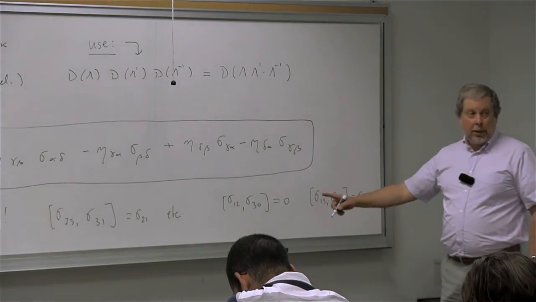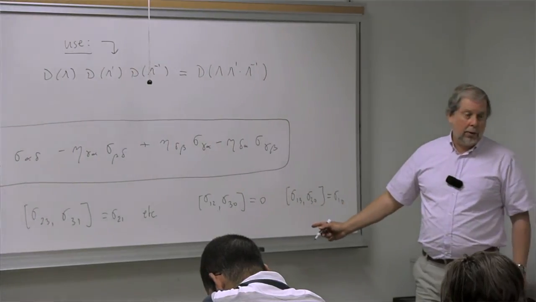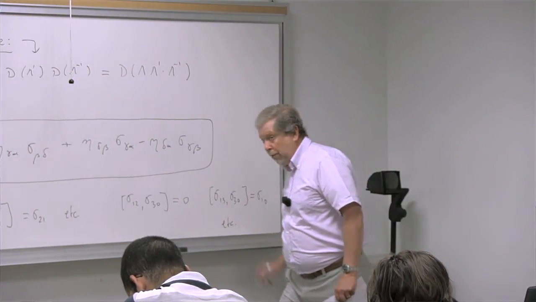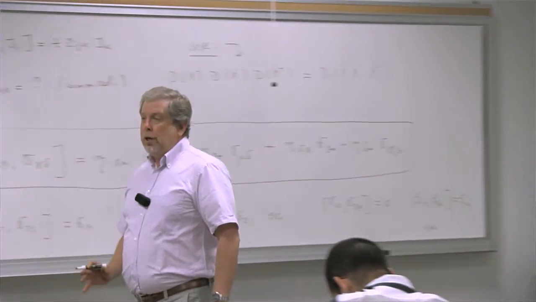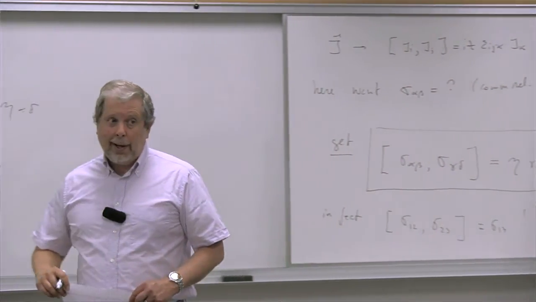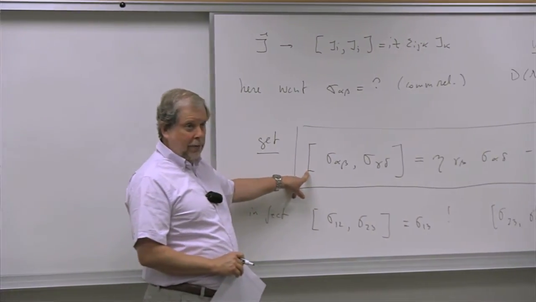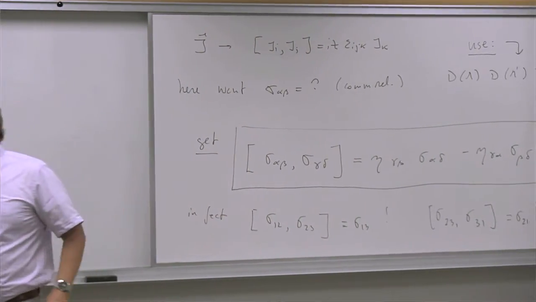And basically, from the ones I've written, you can reconstruct all the other ones by just swapping indices around. So we basically have all of them. So the commutation relations are actually simple, right? Even though this formula looks like it's quite a handful, most of the terms are 0.